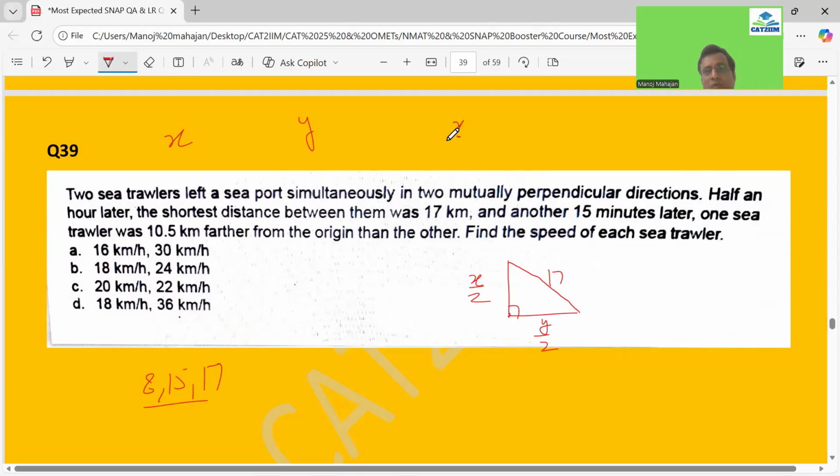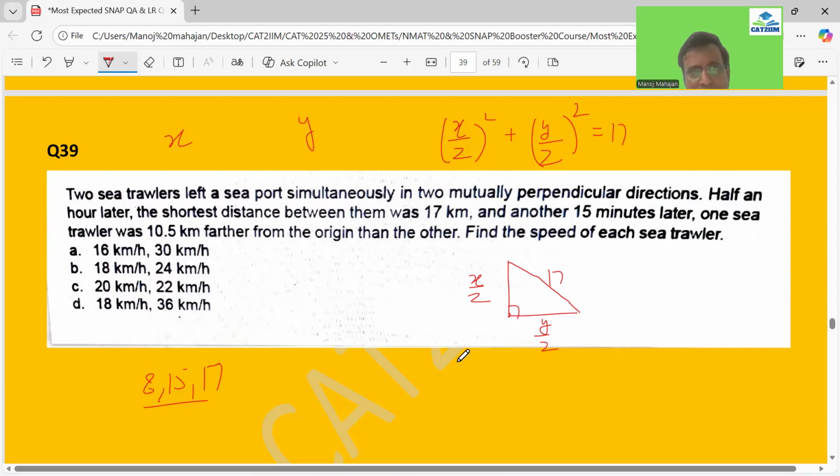So what do I have is one equation: (x by 2) whole square plus (y by 2) whole square is what? 17 square, right? So you can try to use choices also. X and Y are given in the choices, right? And if you look at the other statement out here, which could be used if you want to use the entire maths, another 15 minutes means 30 plus 15, 45 minutes.